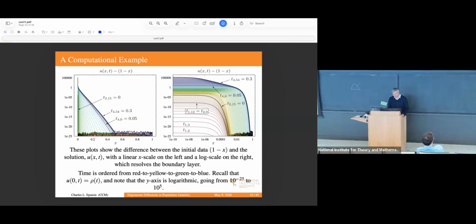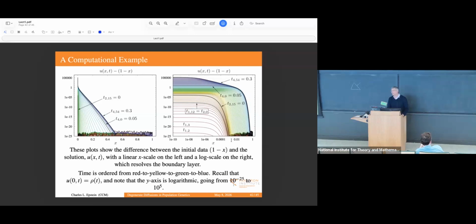And what we're looking at here is the difference between our solution and the initial data. So that's why the red curves, which are the early curves, are way down here in the 10 to the minus 25 zone. And what you see is that something is slowly moving up and out to the right like that.